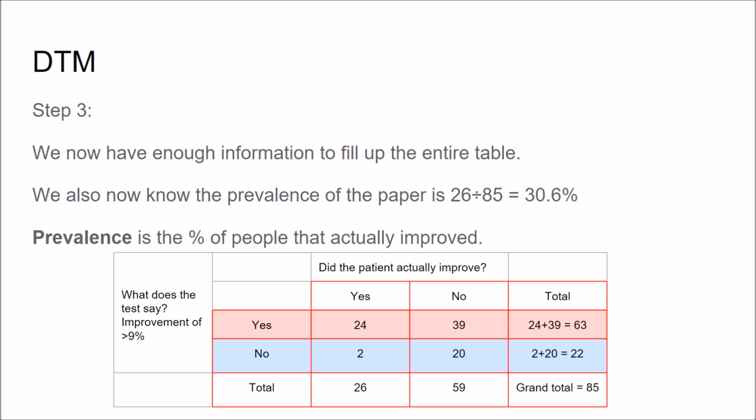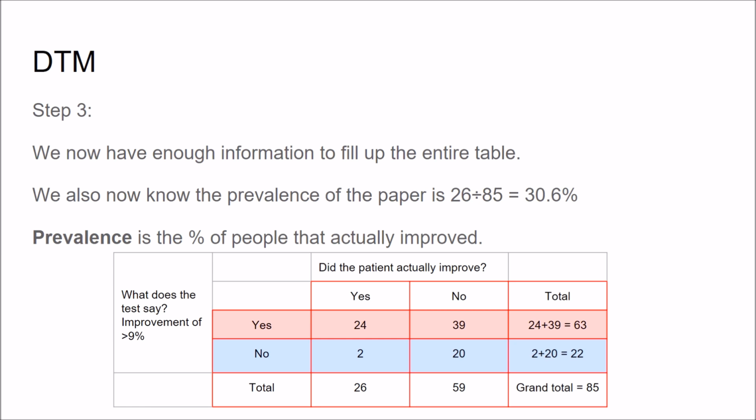Because we've filled in most of the boxes, now we have all the information required to fill up the entire table. As you can see, I filled up the very last column with all the appropriate numbers. The last column is simply a total of that particular row.